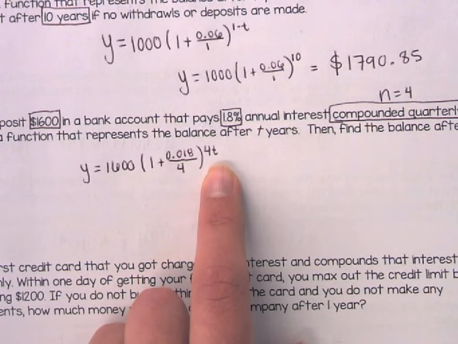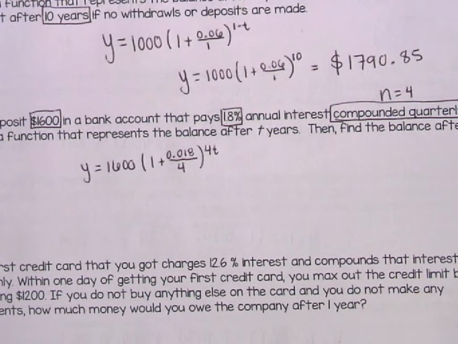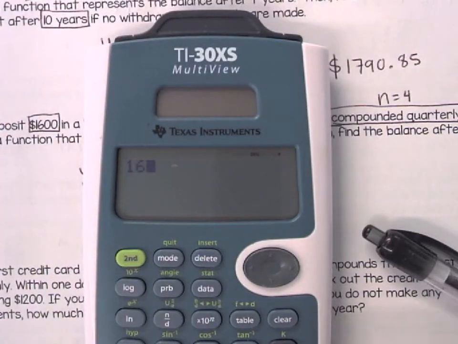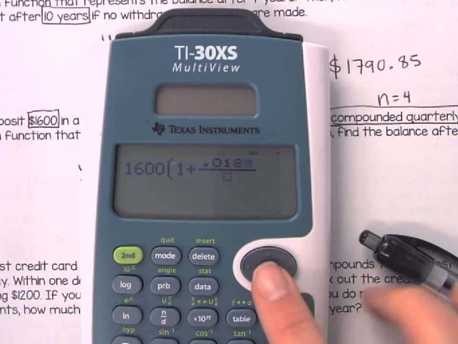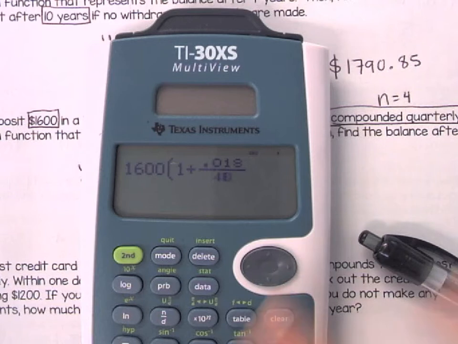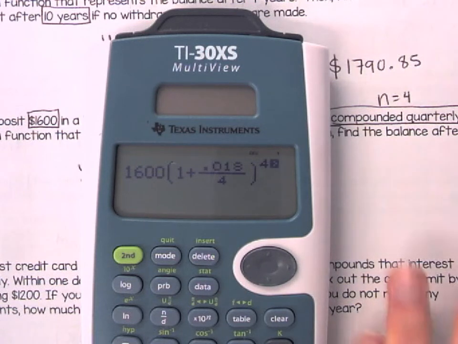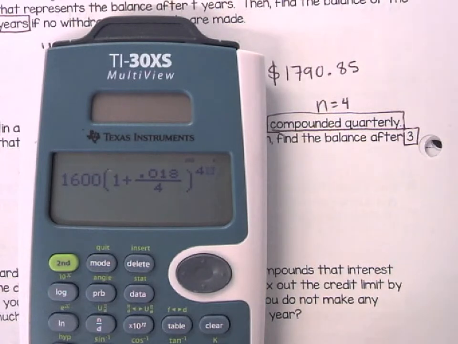They would like you to find the balance after 3 years. So we can type this into our calculator. We're going to go 1,600 times 1 plus, set up our fraction, 0.018 for our 1.8%, 4 times a year for 3 years. They said that right there at the very end. So we're going to do 4 times 3.